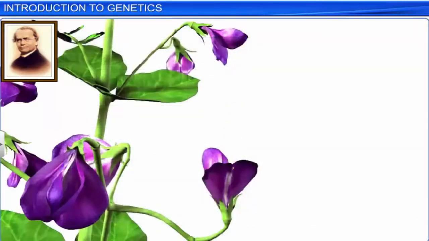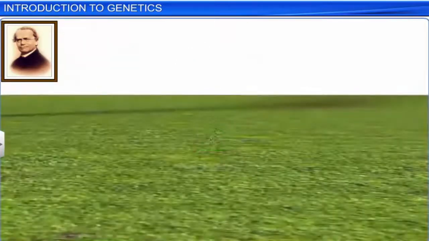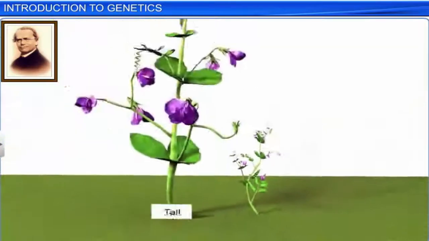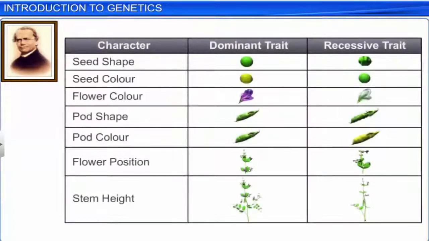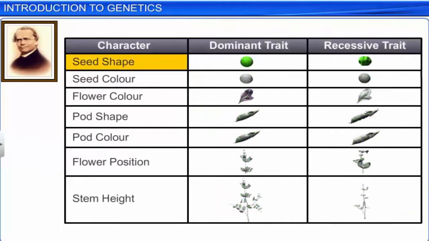A true breeding line exhibits stable trait inheritance and expression for many generations due to continuous self-pollination. Round or wrinkled seeds, yellow or green seeds, green or yellow pods, and tall or dwarf plants were some of the contrasting traits chosen by Mendel.